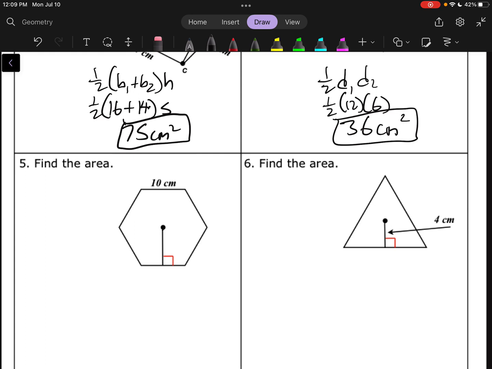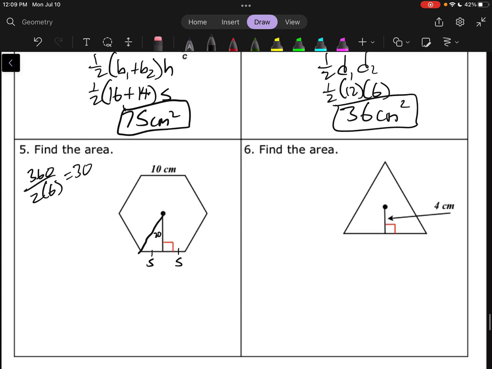Then we got ourselves a little hexagon here. Our little right triangle, you should have found out that that top angle was 30 by doing 360 divided by 2 times 6. Then we find out that the little bottom parts are 5.